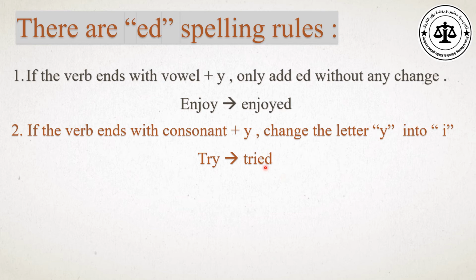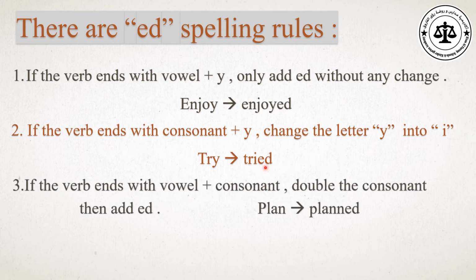The third tip: if the verb ends with vowel plus consonant, double the consonant, then add ed. Like plan. Here we have a consonant at the end of the word and n preceded by a vowel, so we have to double the letter n, then add ed.